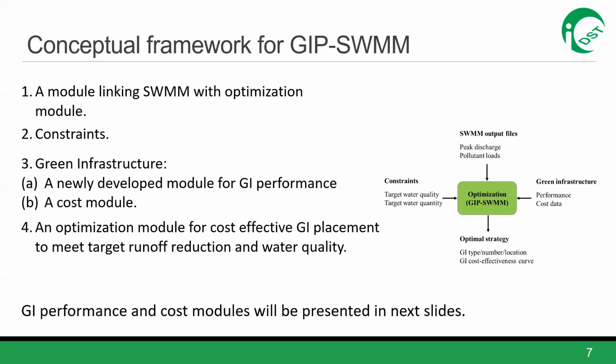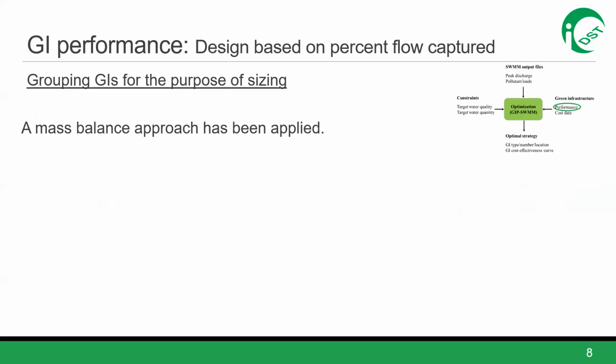In the next slides, I'm going to talk about how we calculate the green infrastructure performance and the cost modules. Green infrastructure performance can be based on the flow or the pollutant. In this slide, I'm talking about how to design the green infrastructure based on the flow, and in the next slide, I will talk about performance based on pollutant reduction.